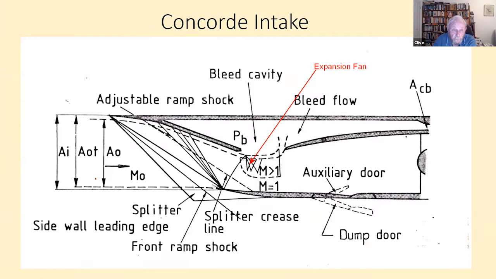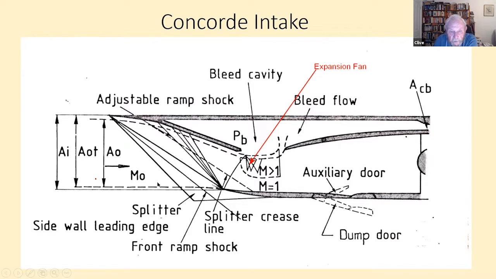There are some important terms we need to understand in this picture. I'm sorry it's complicated, but it's complicated by the presence of these shock waves. The area of the intake is just from the front of the ramp to the cowl lip. That's this solid line. You will find that not all of that air goes into the intake.